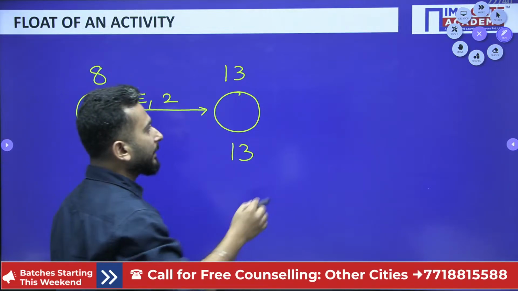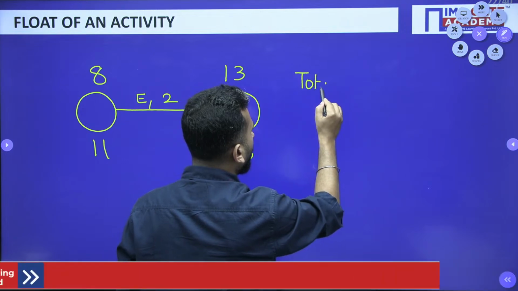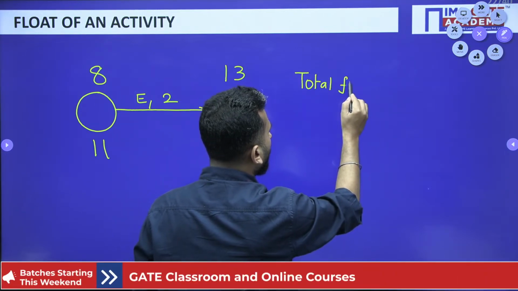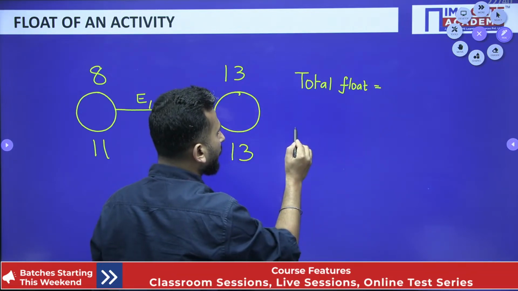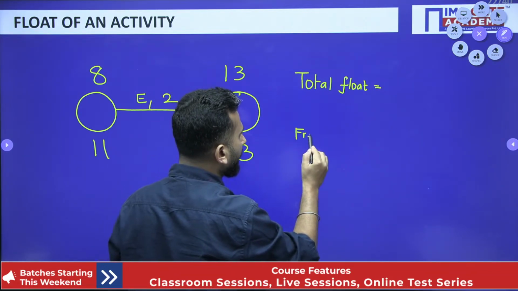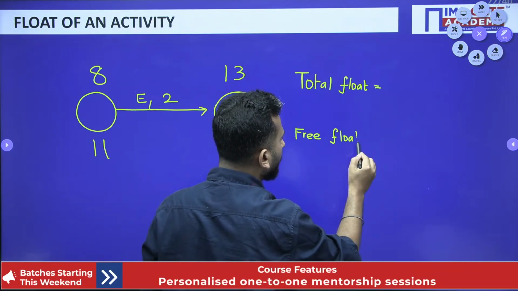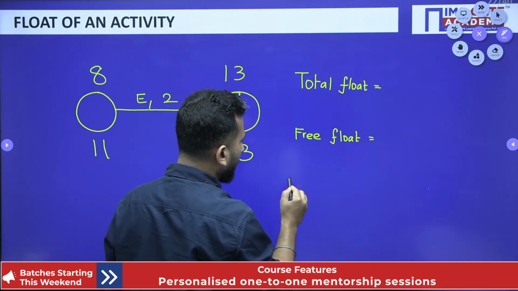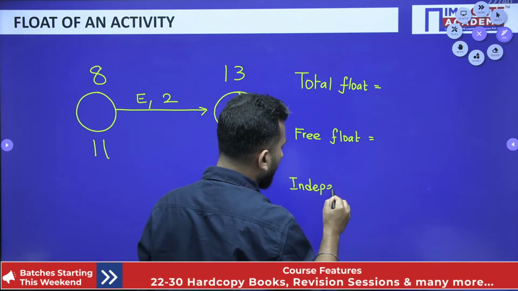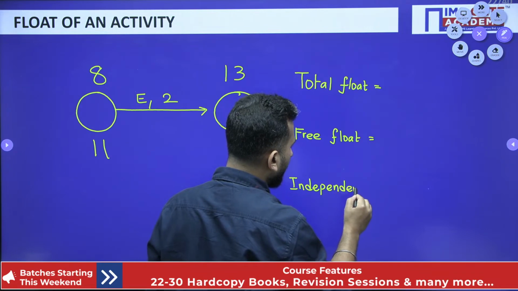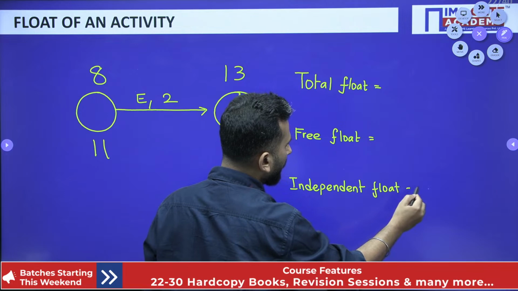Now, my dear friends, there are in fact 3 things that we need to find out. One is the total float of an activity. One is the free float of an activity. And one is the independent float of an activity. These are the 3 floats.